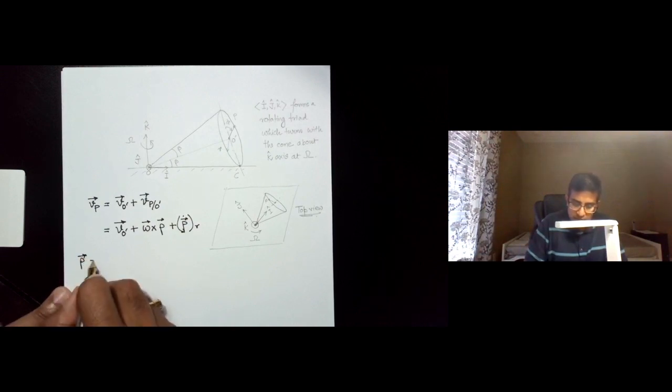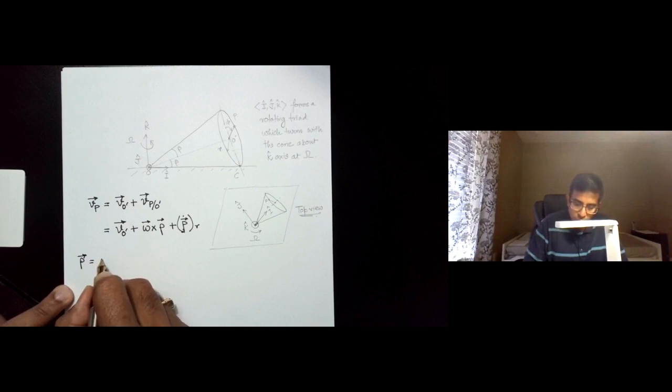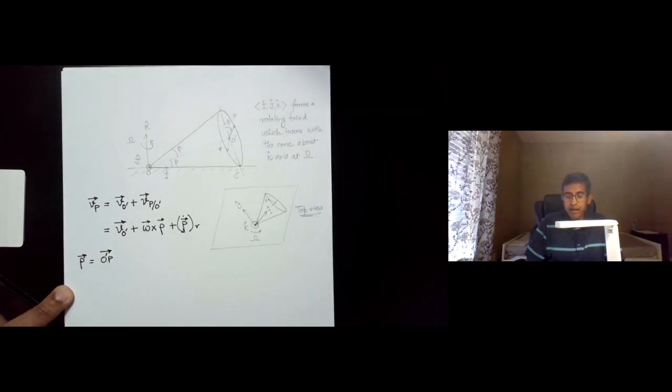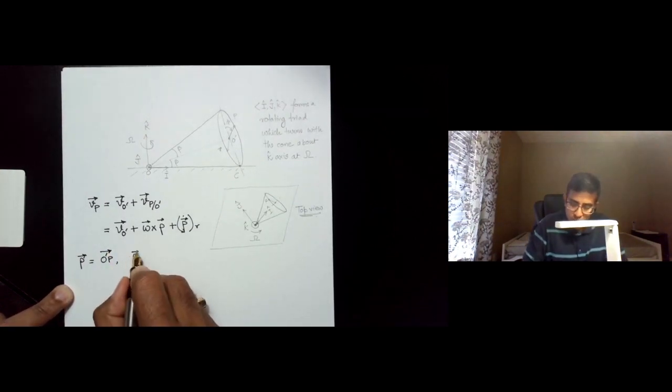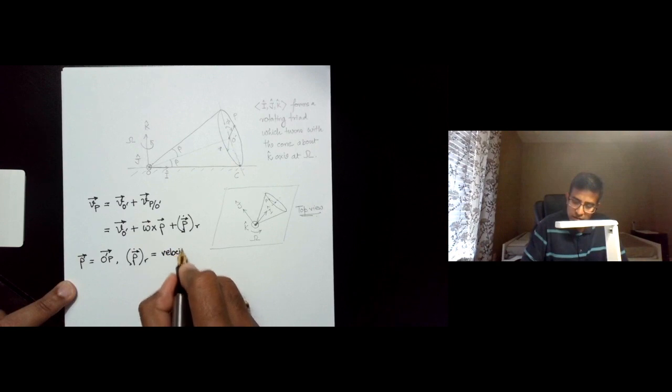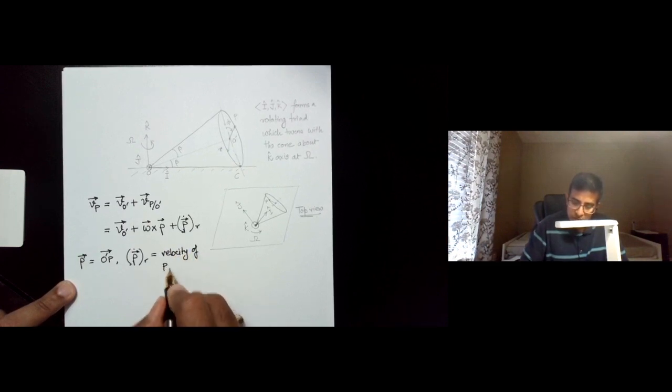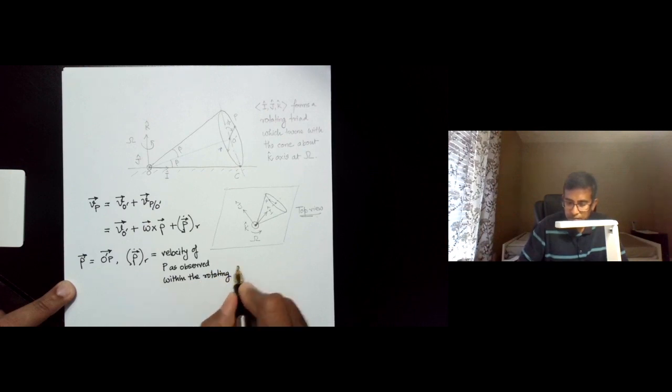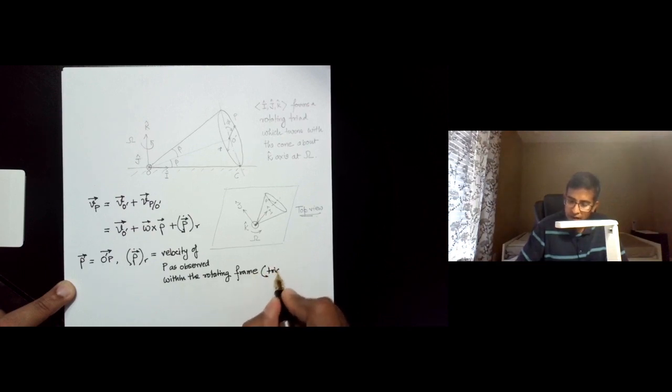Rho in this case is the vector from O prime to P. Okay, and rho dot r is the velocity of P as observed within the rotating frame, or in this case, the rotating triad.